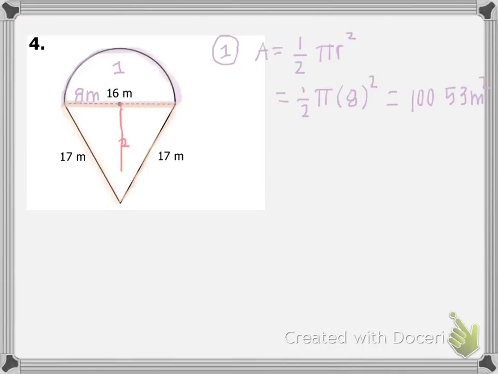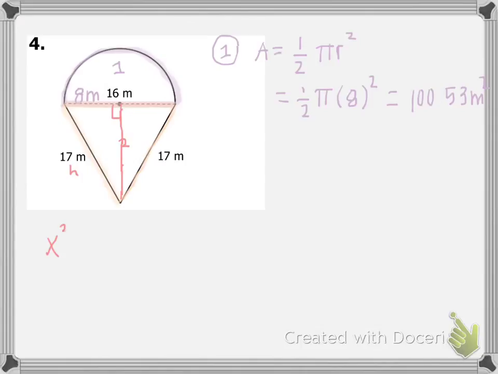So what I need to find here is I need to find the height. Well, I'm going to have to find the height by using the Pythagorean theorem. So I know my hypotenuse, okay, and I know one of the sides, so I can find the other one.